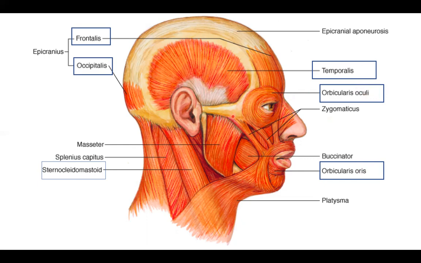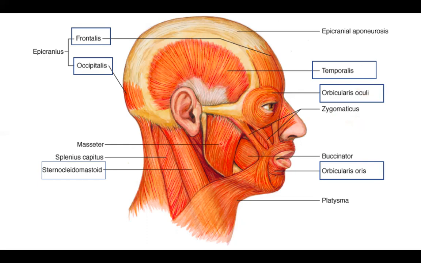We have a muscle that extends from the zygomatic bone, which is right here, called the zygomaticus. This is basically a two-headed muscle, but you are only required to know the general name, zygomaticus, rather than the specific names, zygomaticus major and minor.